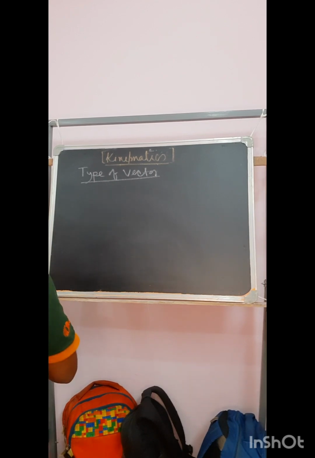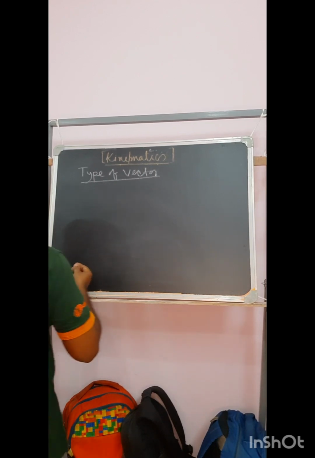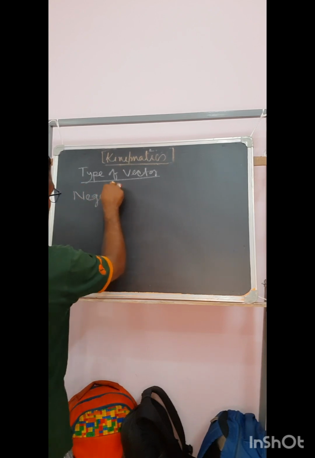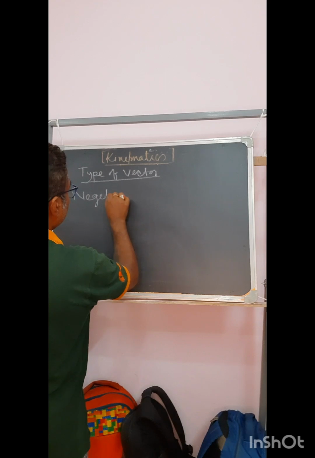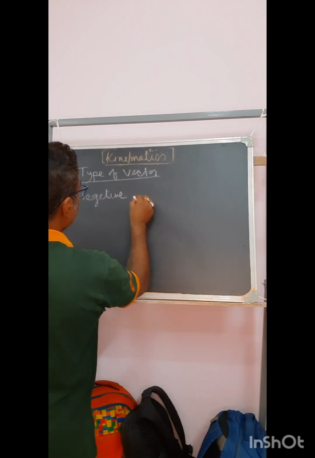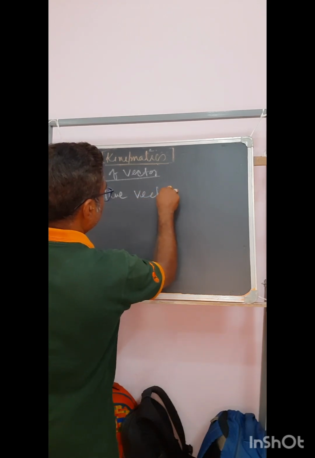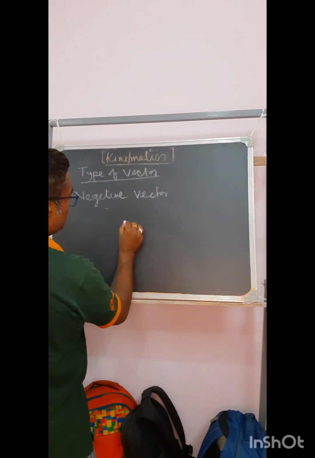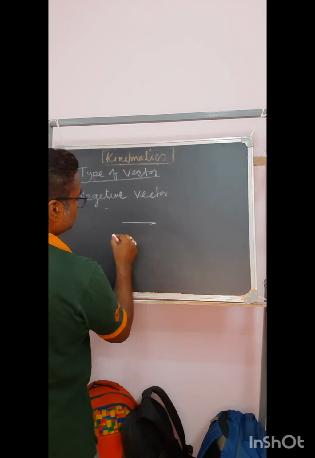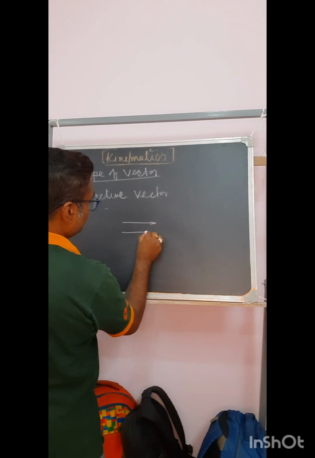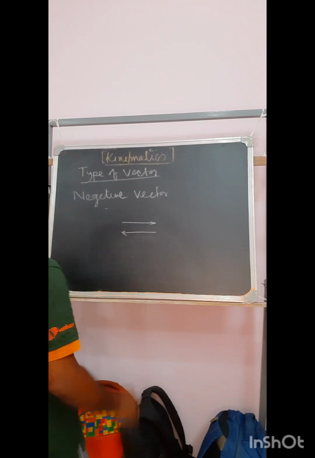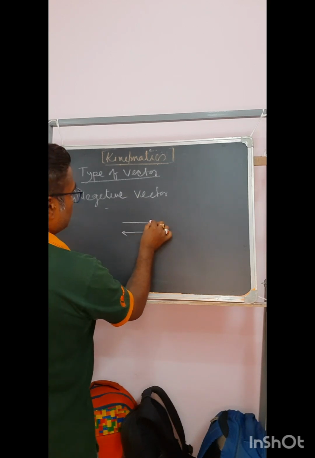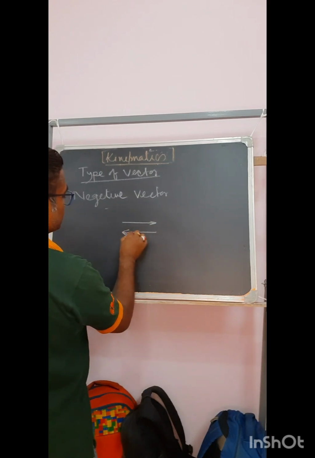Next come negative vectors. Negative vectors are those whose magnitudes are the same, but they are opposite in direction. You can say two parallel vectors which are of the same magnitude but different in direction.